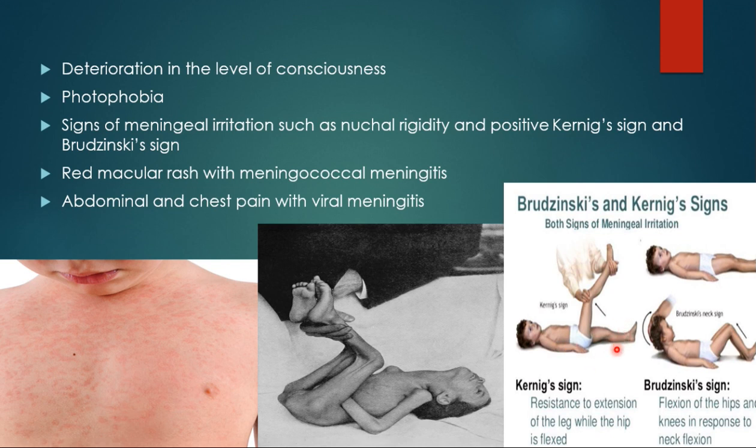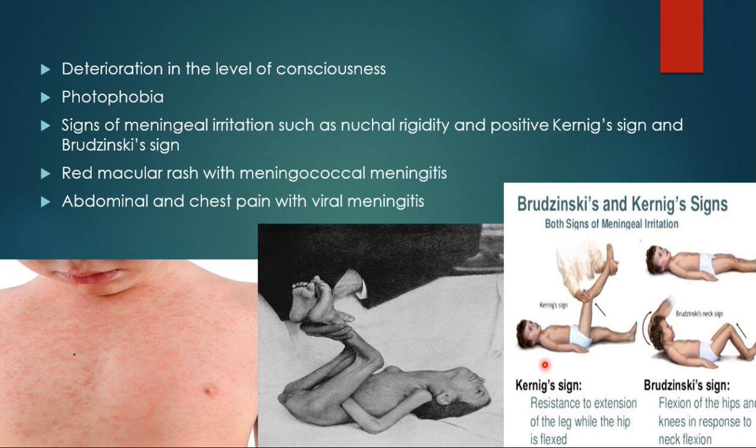The test involves flexing the thighs at the hip and the knees at a 90-degree angle, and assessing whether the subsequent extension of the knees is painful, leading to resistance, in which case it is deemed positive. This indicates subarachnoid hemorrhage or meningitis.